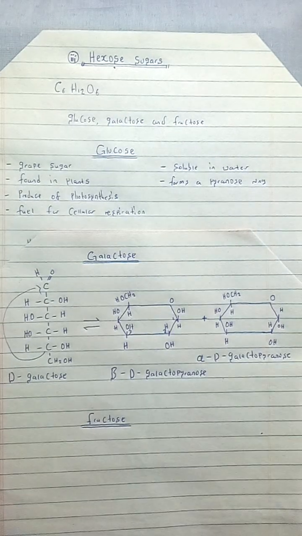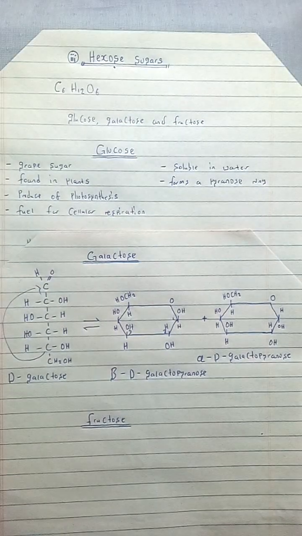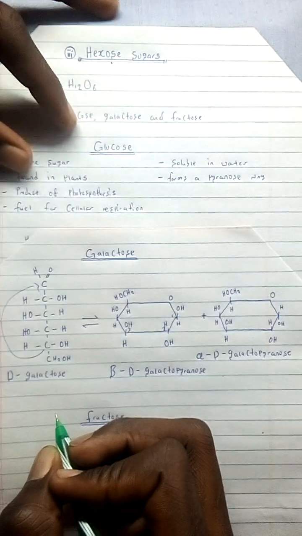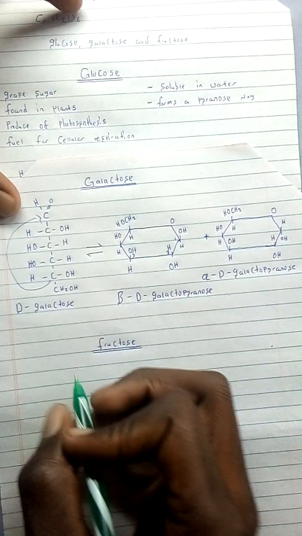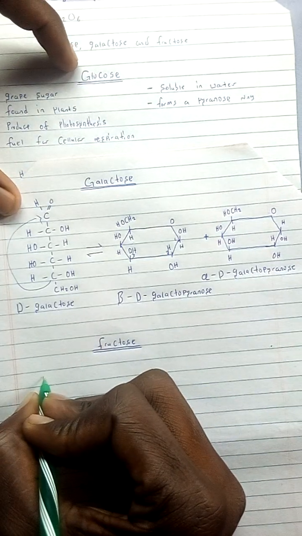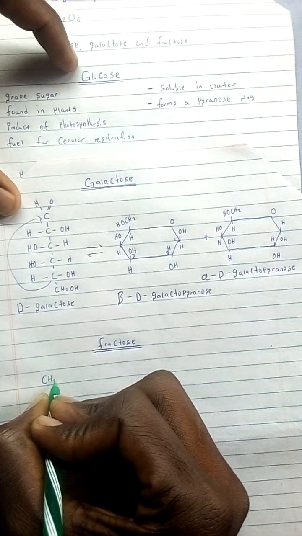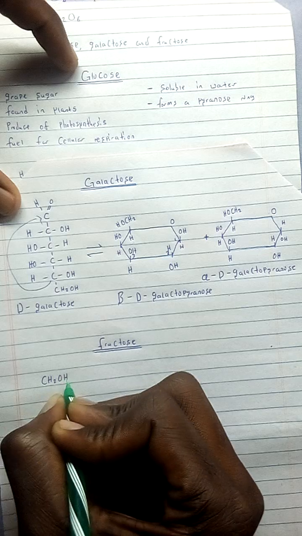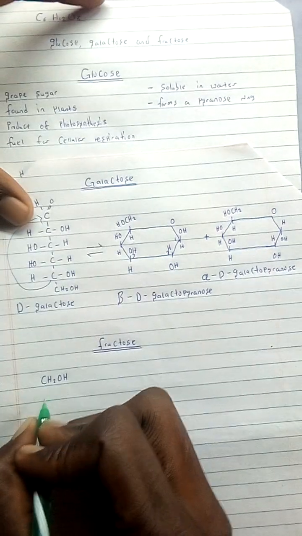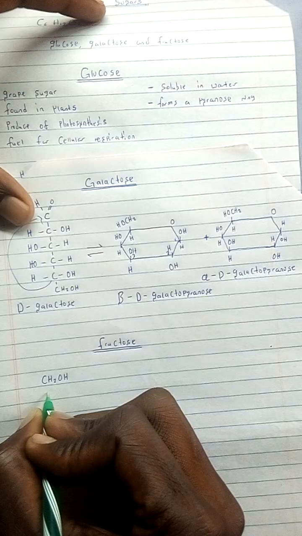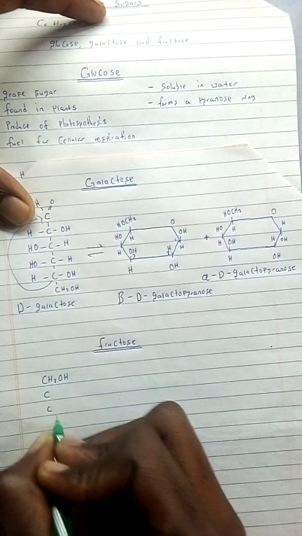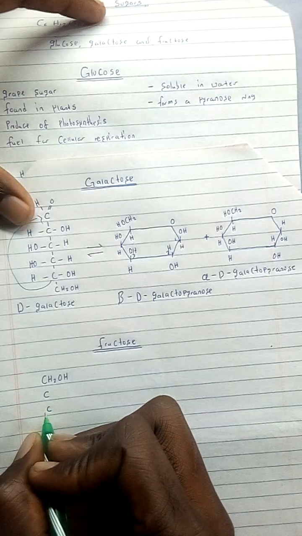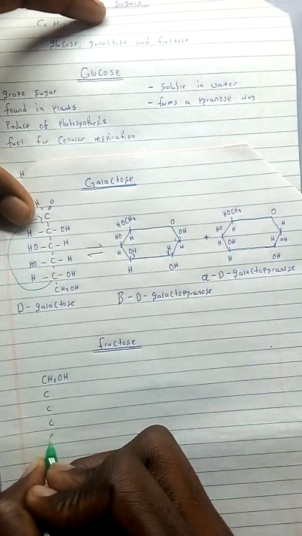Let's simply draw the structure, the open structure of fructose. Fructose is like this. Starts with this, then we have the carbon, another carbon, another one, another one.